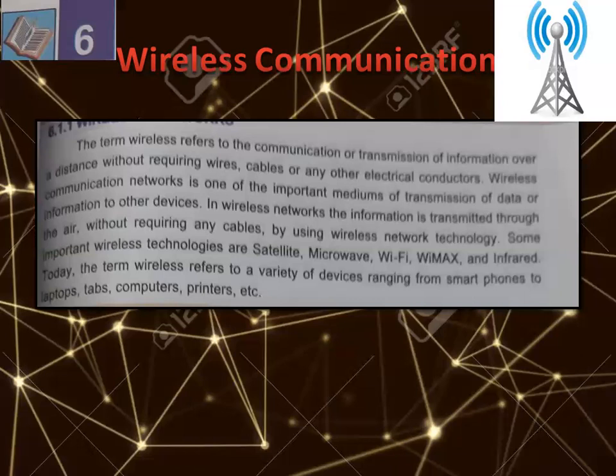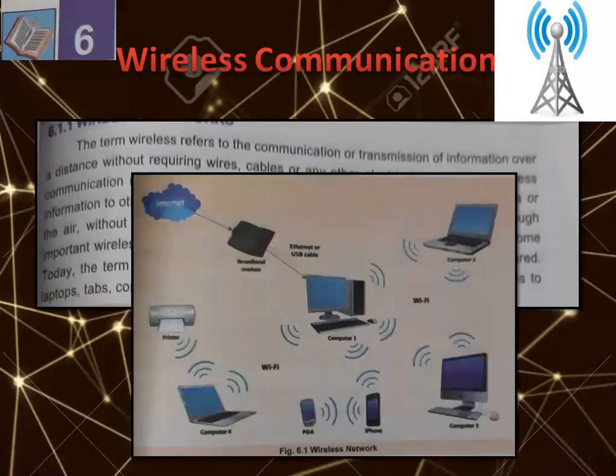Some important wireless technologies are satellite system, microwave, Wi-Fi, WiMAX, and infrared. Today, the term wireless refers to a variety of devices ranging from smartphones to laptops, tabs, computers, printers, like this. So here on your screen, there is a diagram.